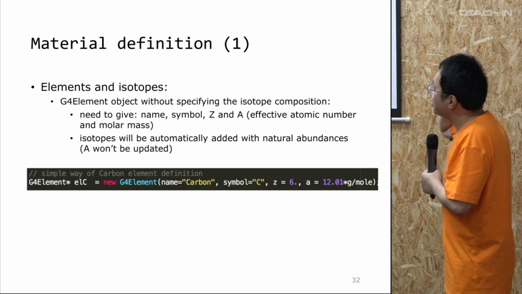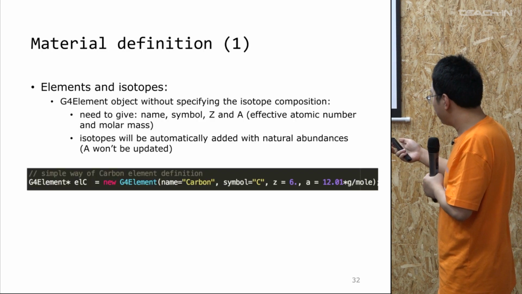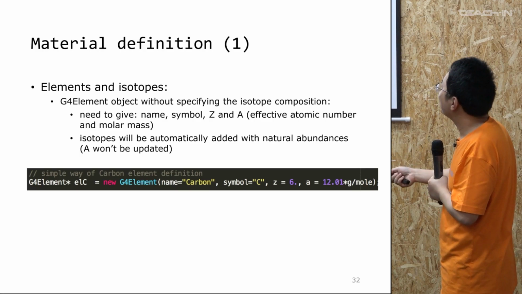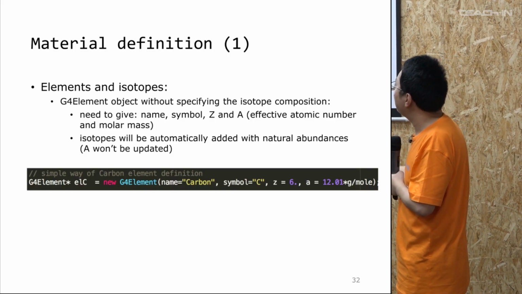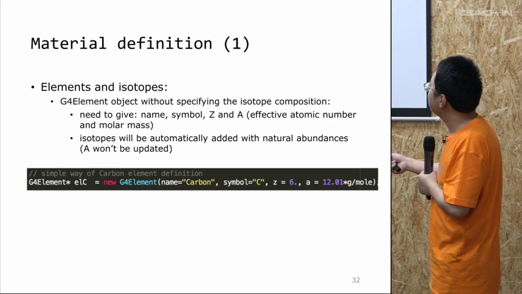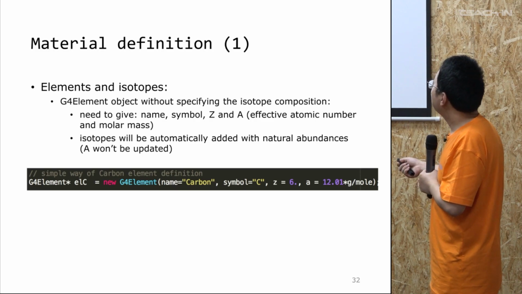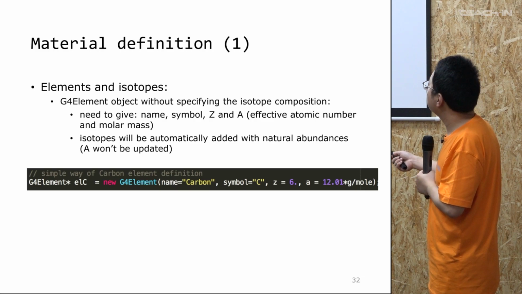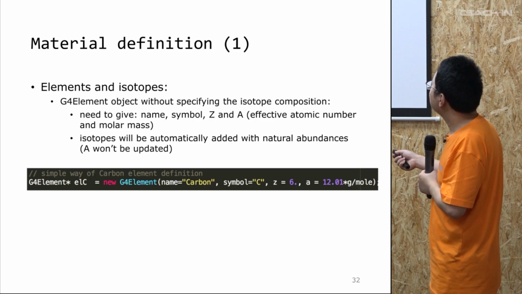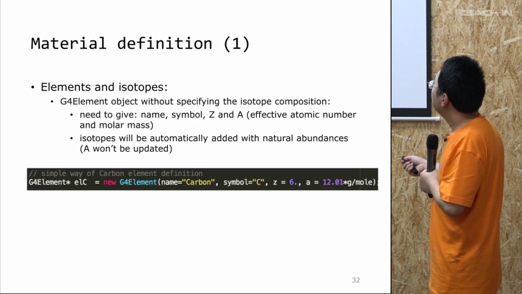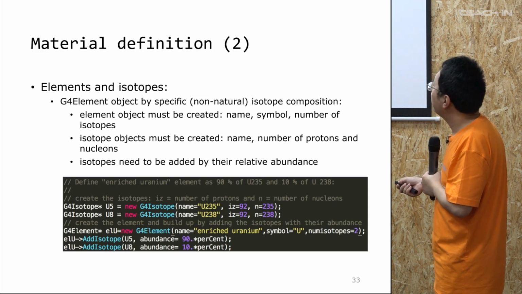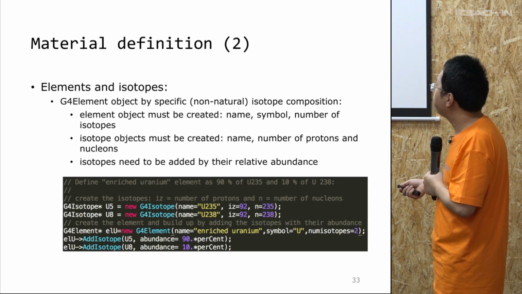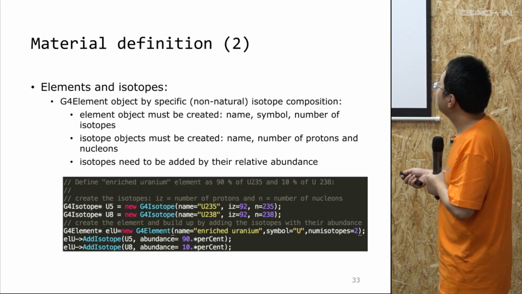For the elements, I just show some real code here. The construction is very clear. First you need to define the name and its symbol, and also the atomic number and the mass. This is an example if you have isotopes.